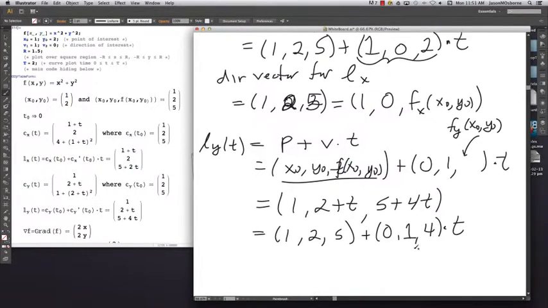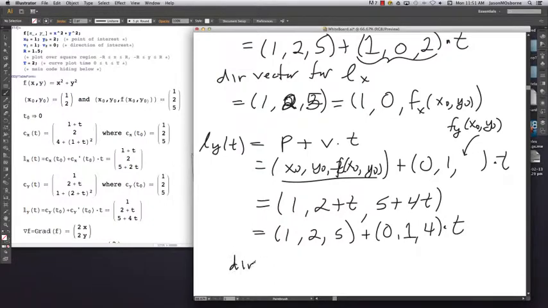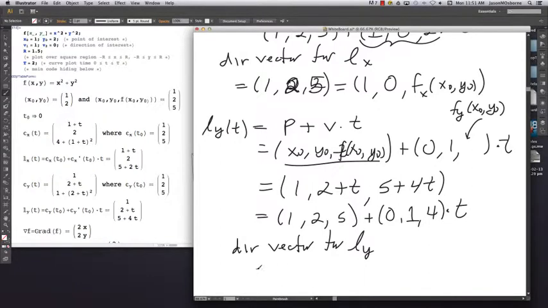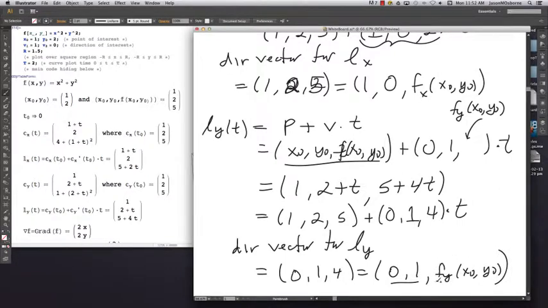So the direction vector for L sub y, the tangent line in the y direction, is 0, 1, 4. And that's of the form 0, comma 1 because it's going in the y direction. And then this would be f sub y evaluated at x naught, y naught, the partial derivative of f with respect to y at the point x naught, y naught.